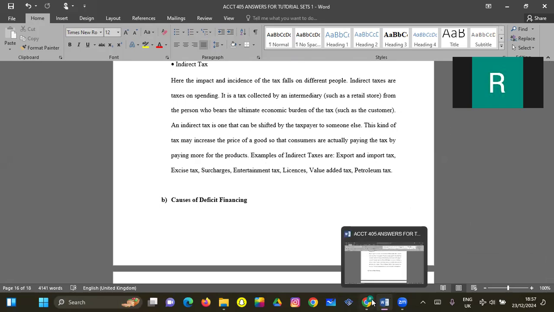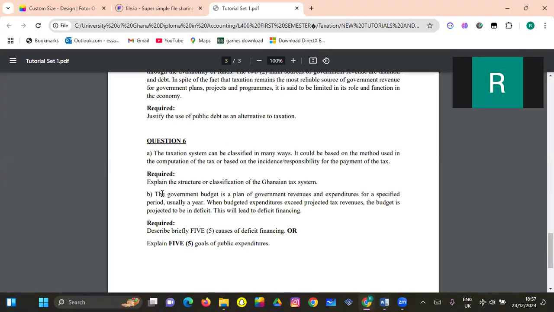So B talks about the government budget. A budget is a plan of government revenue and expenditure for a specific period, usually a year, where when budgeted expenditure exceeds projected tax revenue, the budget is projected to be in deficit, right? This will lead to deficit financing.